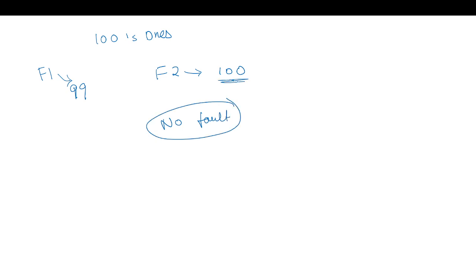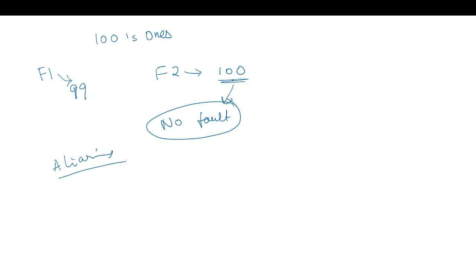Say we have a fault like F1; we had 100 ones initially, and fault F1 made this 99 ones, and fault F2 has made it 100 ones. So we will say no fault because we got 100 ones, but this is not true. So this is called aliasing.